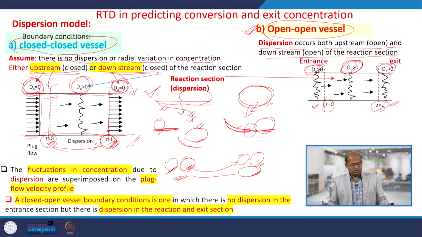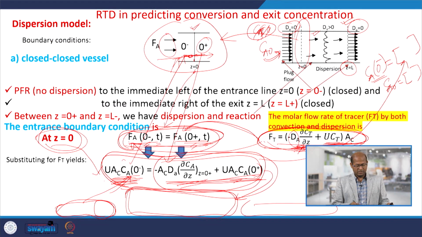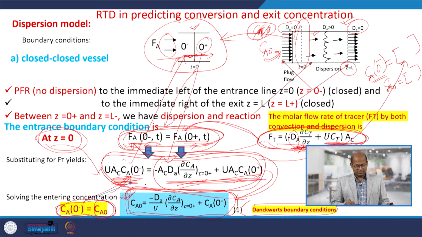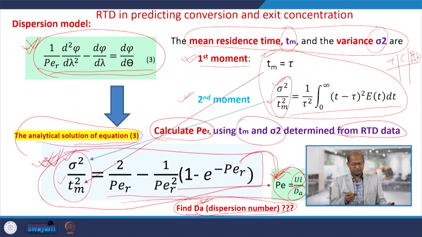We have discussed the closed vessel boundary conditions, and the open boundary conditions we have not discussed; that will be discussed later. The closed boundary conditions are at z equals 0 and at z equals L, and in dimensionless form, at lambda equals 0 and lambda equals 1.